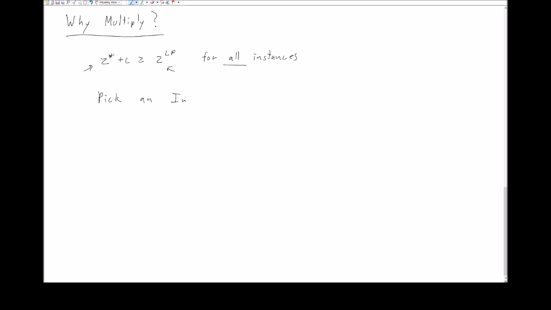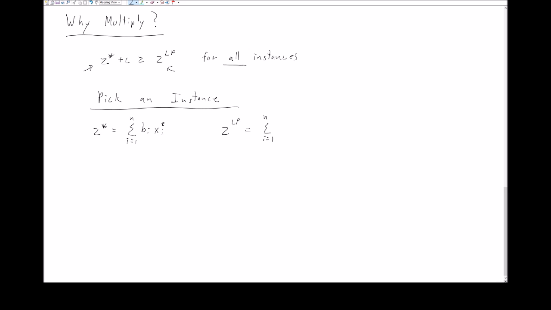So let's suppose we pick an instance. In this instance, we're going to solve our integer programming solution, and it's going to be equal to some objective value. We'll say that it's equal to the sum from i equals 1 to n of b_i times x_i star. x_i star is the optimal solution, the optimal variable values for our integer program. And we're going to compare this to the optimal solution that we get for our linear programming relaxation.